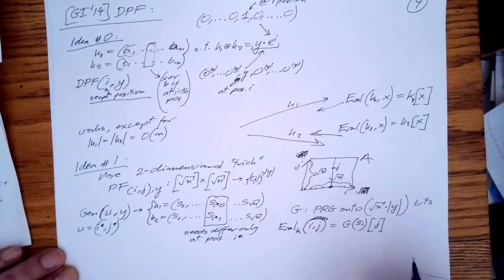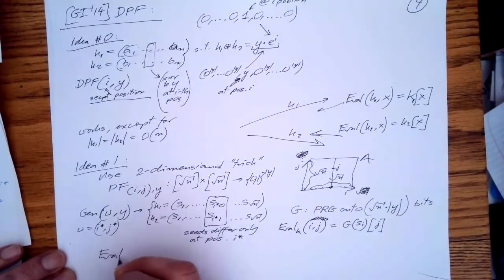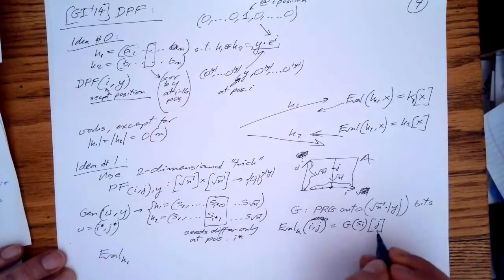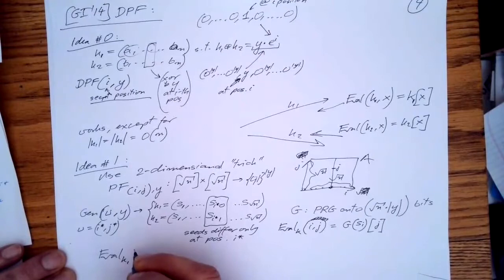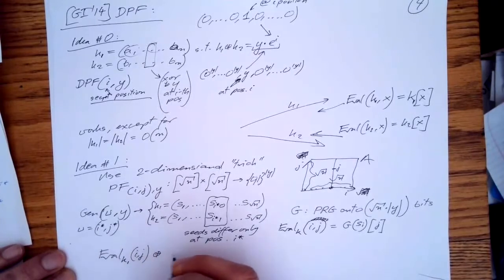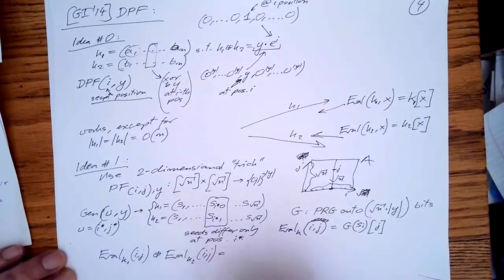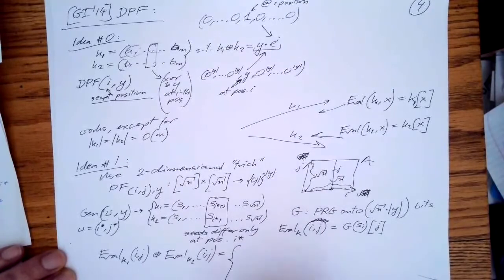Okay, so what did we accomplish? Now note, let's say this is the evaluation. If I look at the evaluation of the first server having K1, and I XOR it with the evaluation of the second server at the same location, what are these values?